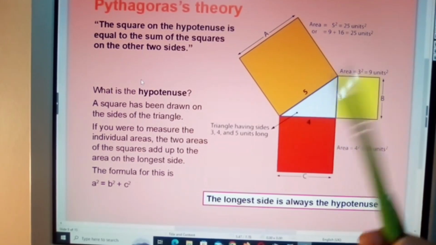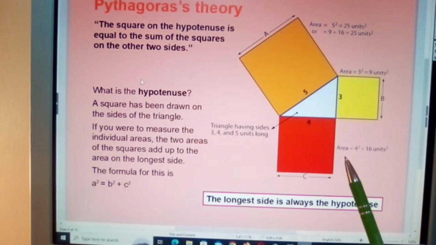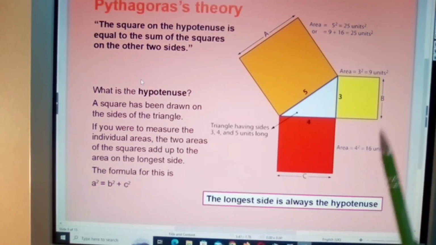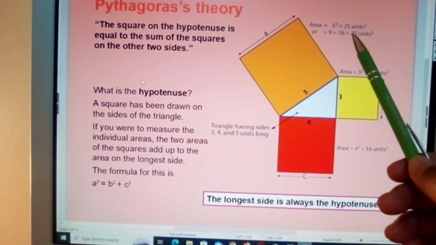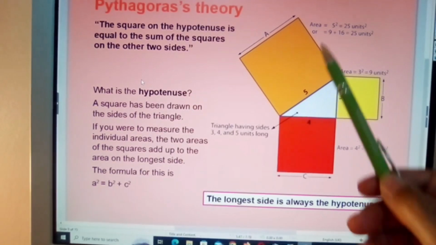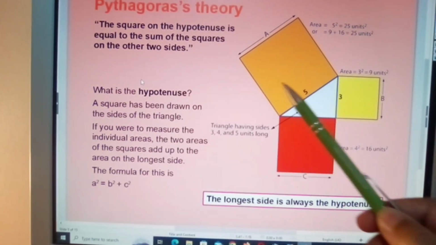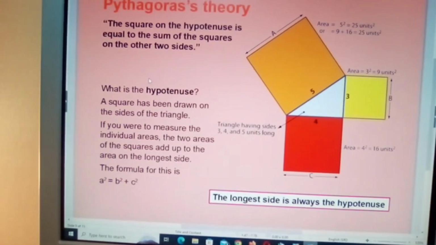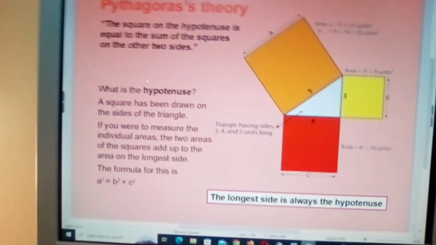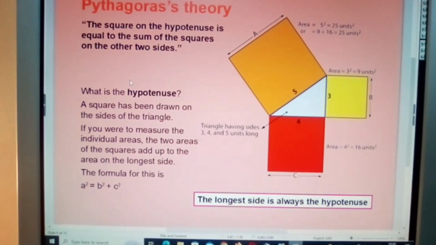So we can see that if we take this as 4 squared, 16, and 3 squared equals 9, we add these two together, it will come to 25. So therefore we know that this area is equal to that area added together. And that is the formulation that you will apply at all times.